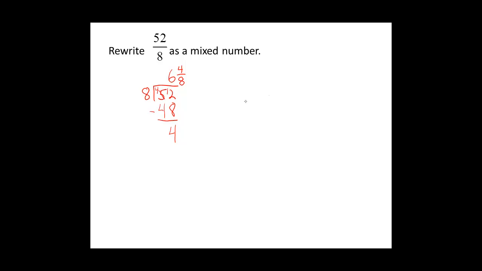The number we divided by remains our denominator. This answer is not finished. Notice we have 4/8. 4/8 can be simplified. 4 divides both 8 and 4, so let's divide the numerator and denominator by 4 to change this to an equivalent fraction.